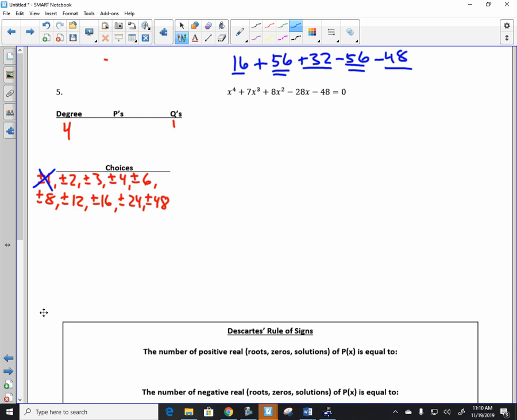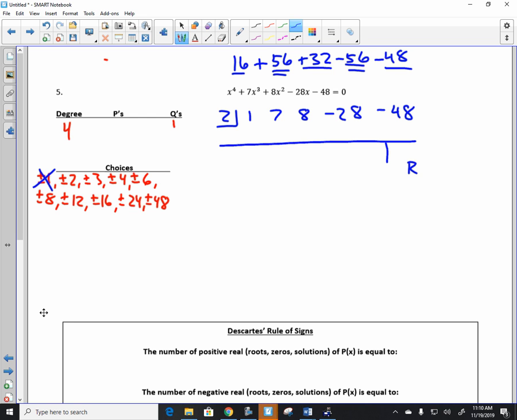Do you remember how I said if you guessed 48 that you never need to take 48 to the fourth power? You didn't need to take 2 to the fourth power either. If you don't like trying numbers by plugging it in, just take the number and run it through synthetic division. If it works, what should be your remainder? So if you're ever like, you know what, I don't actually want to try plugging in the number, then just go ahead and try running through synthetic.